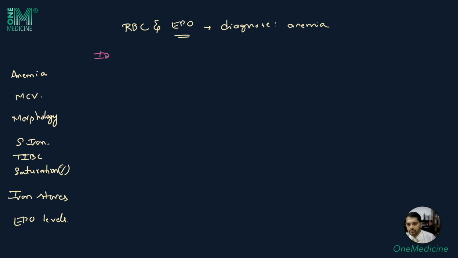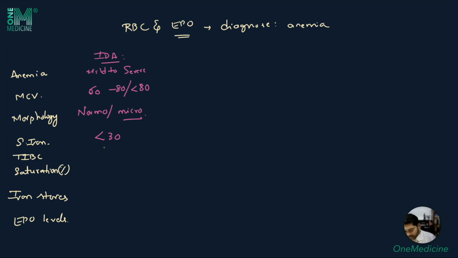In case of an iron deficiency anemia, the anemia can be mild to severe depending on the level of iron deficiency. Again, the mean corpuscular volume can be normal or it can be microcytic as well. Morphology is normo or microcytic depending on the level of iron deficiency. Serum iron is usually less than 30.